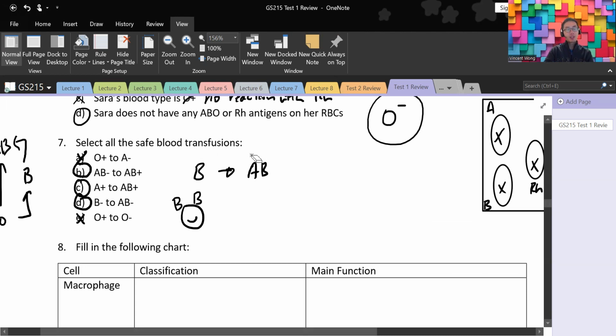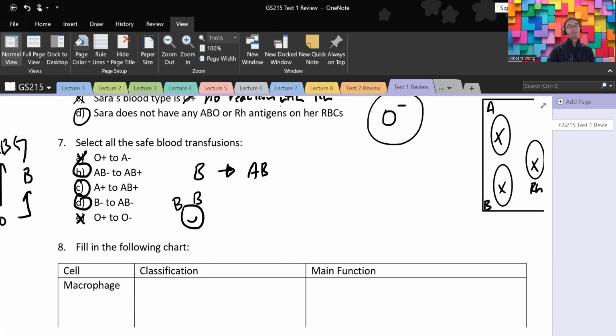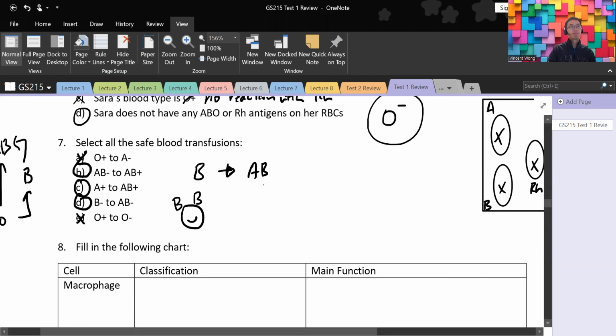What kind of antibodies do we have for someone who's type AB blood? Okay, so no antibodies, right?